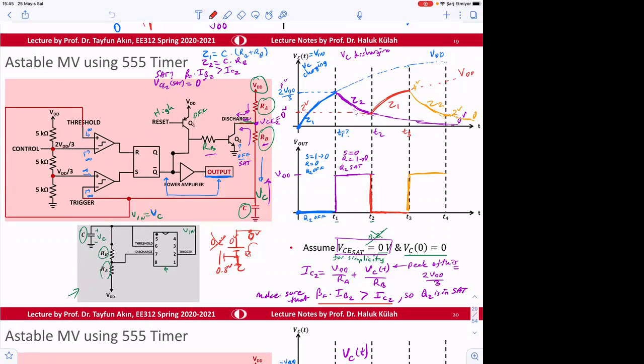In this astable device, the signal is increasing, decreasing, increasing, decreasing.